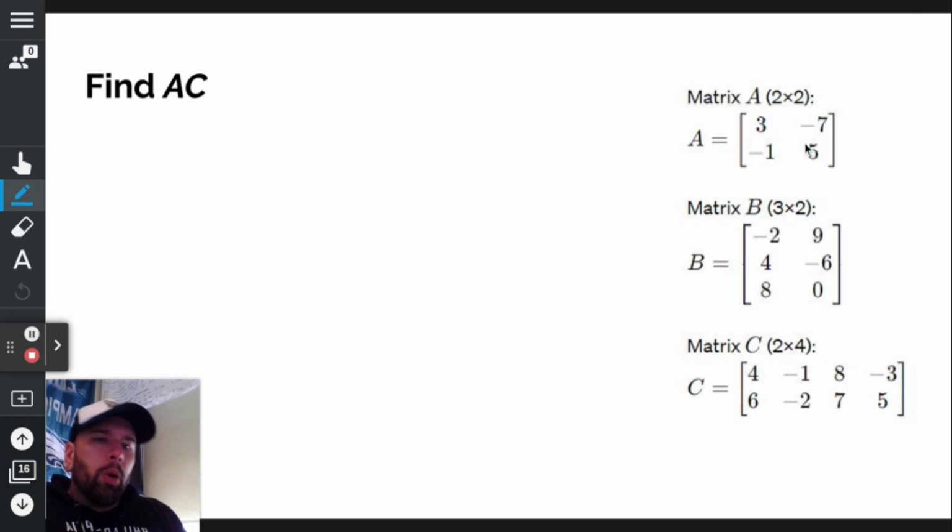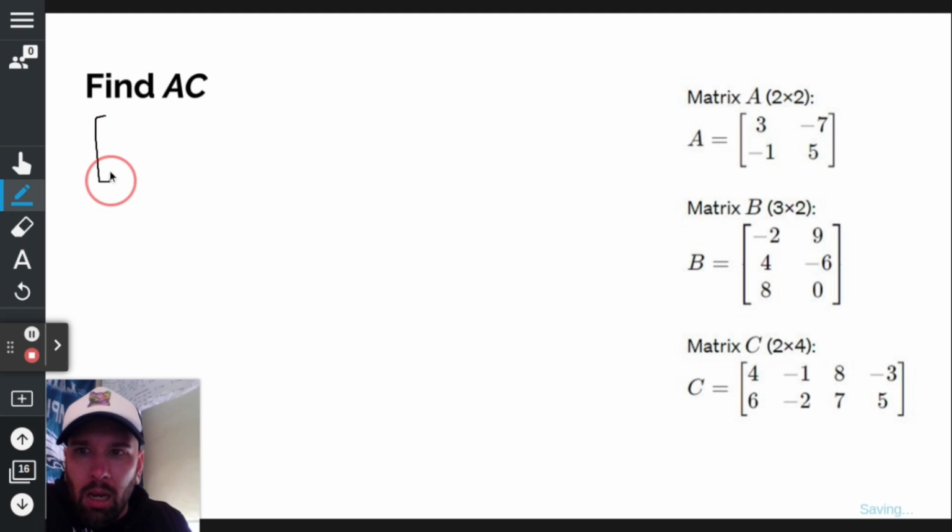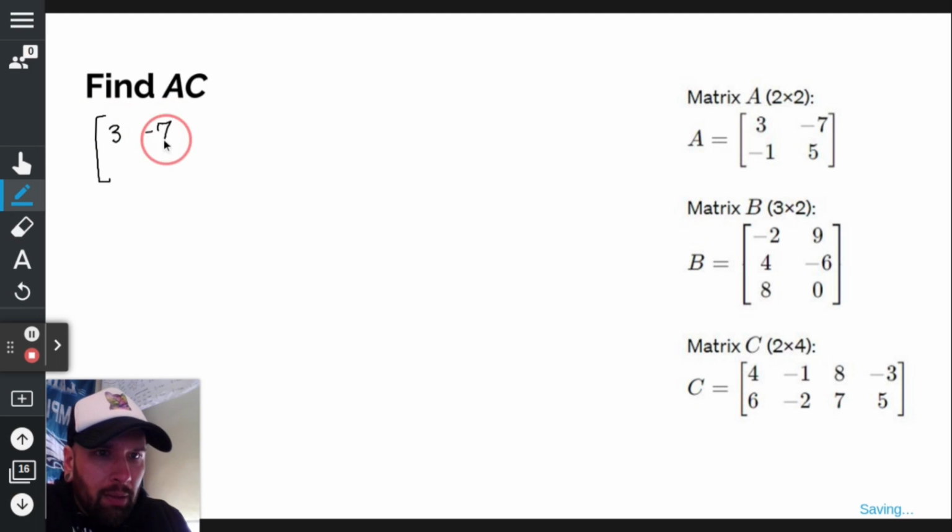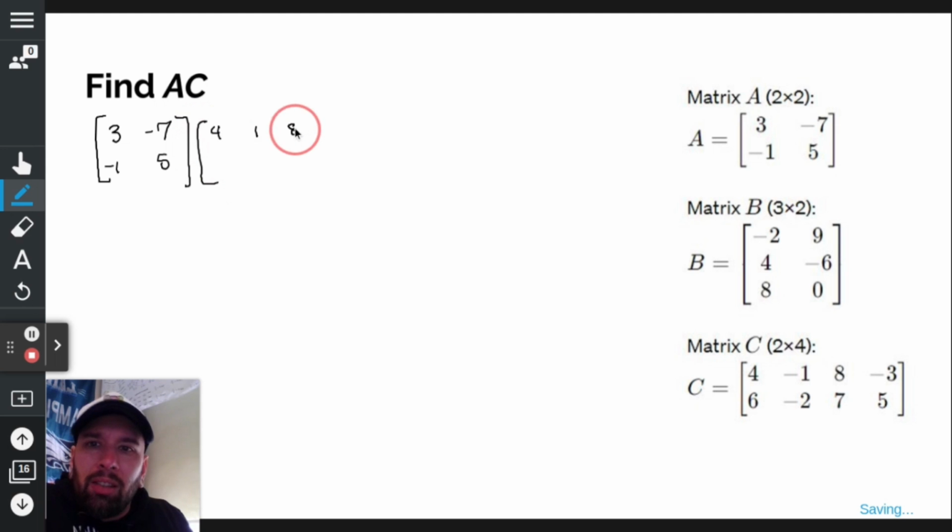All right, we're using the same matrices, and this time we're going to find AC. So here is A, again: 3, negative 7, negative 1, positive 5. C is 4, 1, 8, negative 3, 6, negative 2, 7, 5.